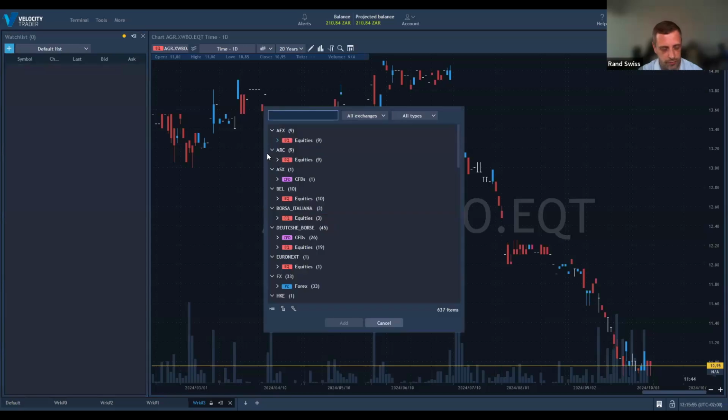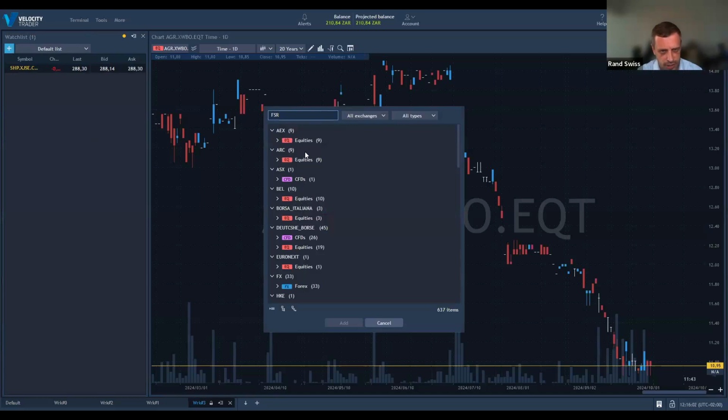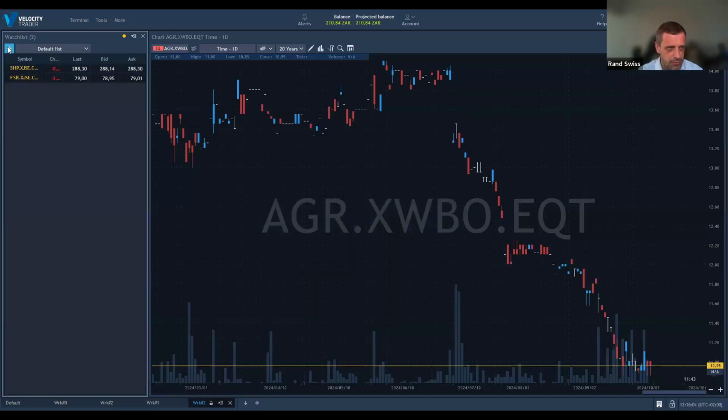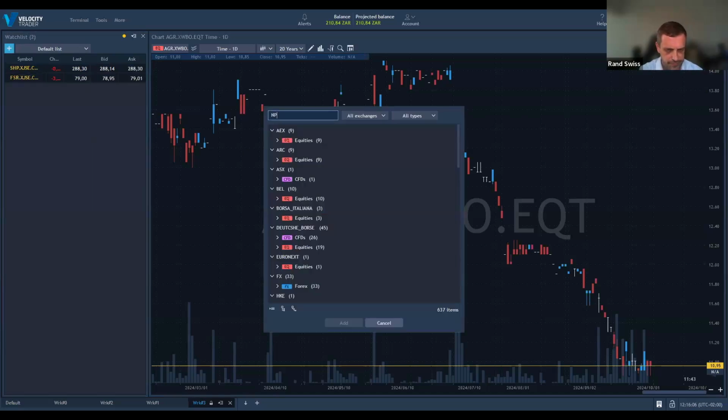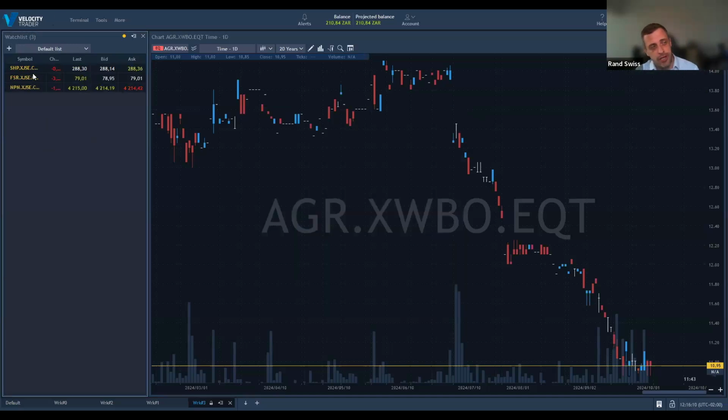If you want, you can even remove many at once. So let's put a bunch on here. We'll put first rand, we'll put Naspers. Okay, so now I have 3. I don't have to go and delete them manually. I can select, and when you hold shift, it selects all of them.